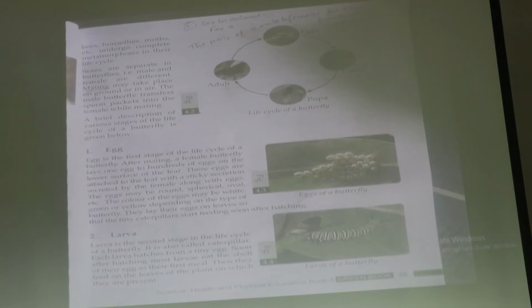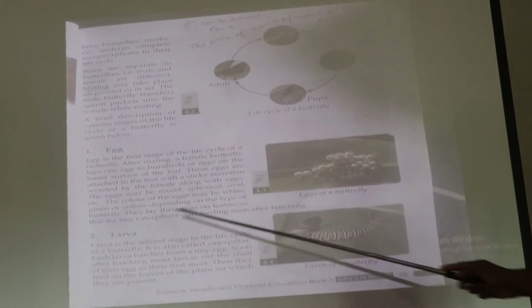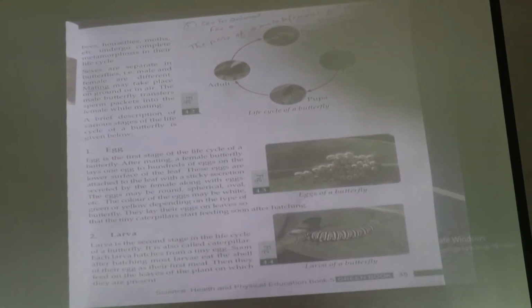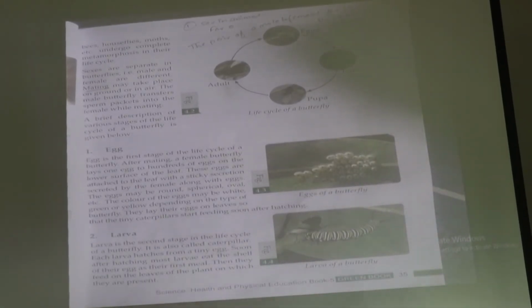The egg may be round, spherical, oval, etc. The color of the eggs may be white, green or yellow depending on the type of butterfly.